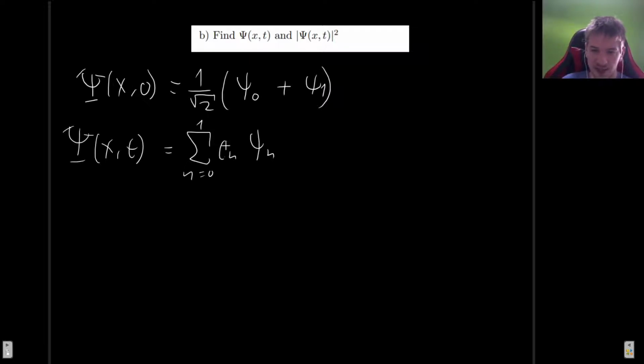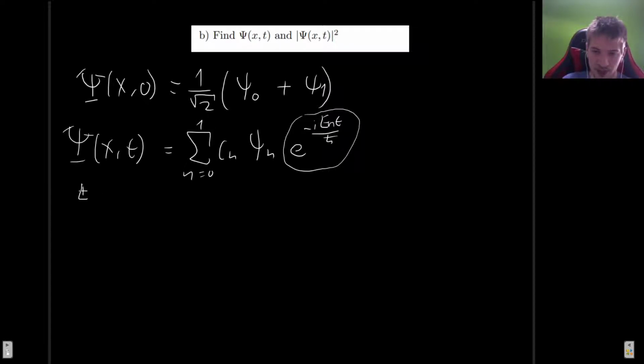And the cn's happen to be the same. They're both 1 divided by square root of 2. So this is already in this form. And then there was this e to the minus i E t divided by h bar. So all that we are actually missing is to multiply each psi n by this exponential with its energy.